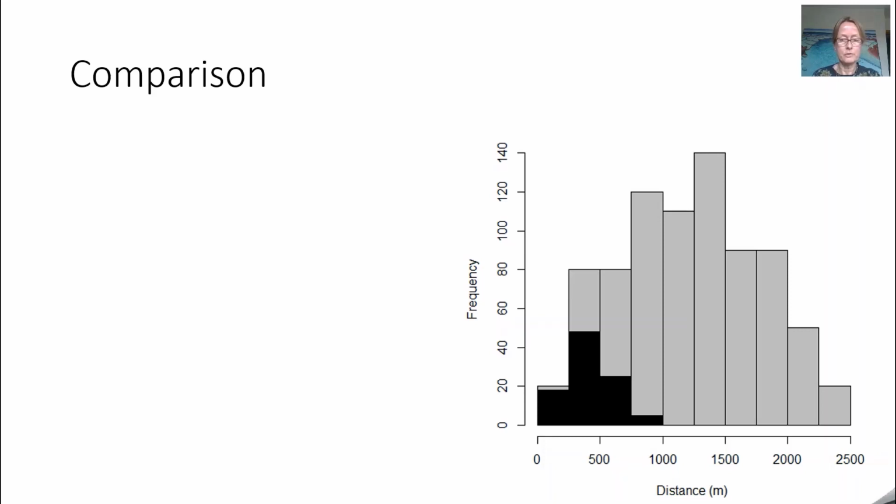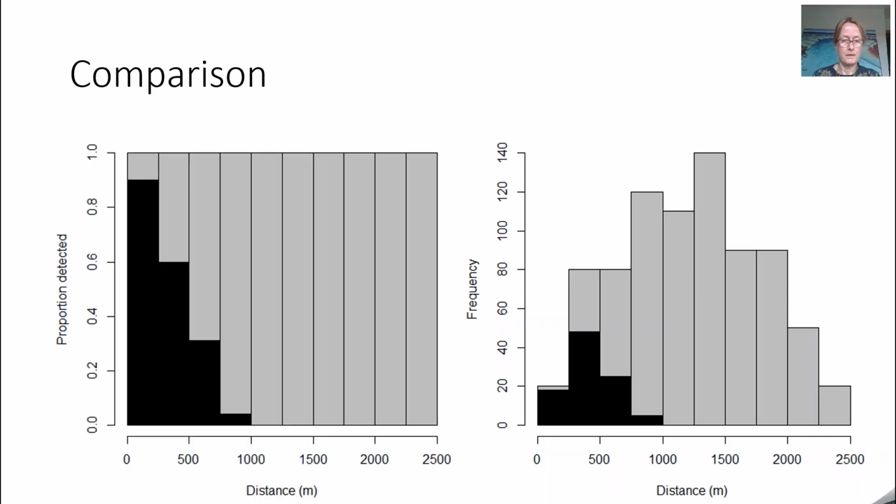We'll do this by converting the black and gray histogram on the right into a proportion plot on the left. Here in the left plot, the gray bars from the right represent 100%. And so if we had detected all possible calls in each bin, then this is how many we would have detected. So then the proportion would equal 1.